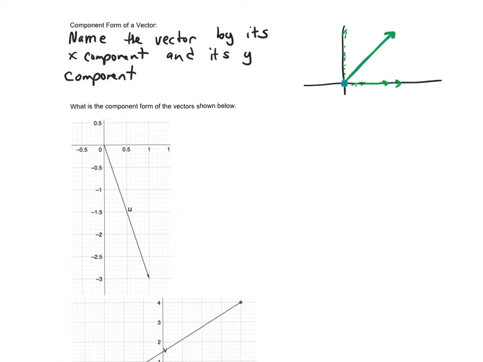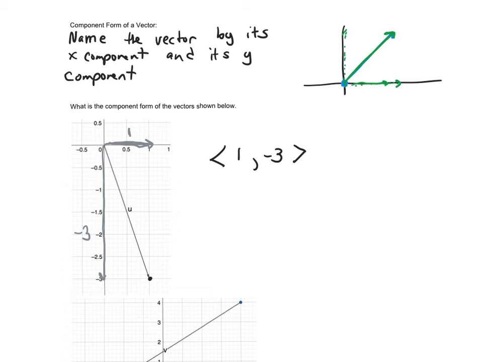Now there's a couple ways to do that, and let's look at this first example. So if you look here, the x component appears to just be 1, and the y component appears to be -3. So there are two ways to write this vector. One is with these kind of pointy brackets, and we say <1, -3>, almost like an ordered pair, assuming that this vector starts at the origin.